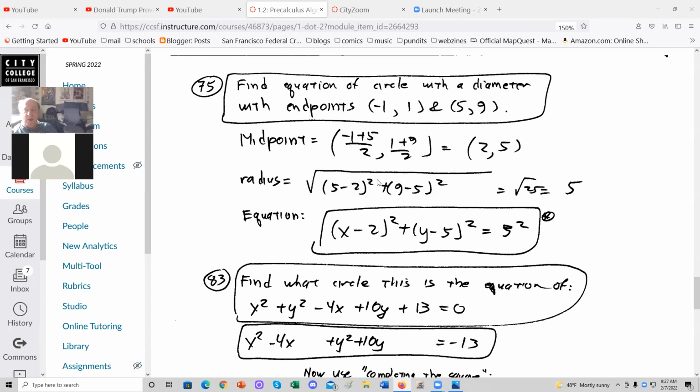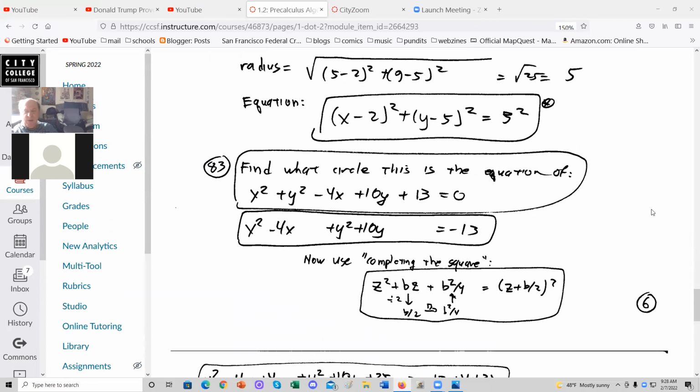So the square root of the sum of squares of 5 minus 2 and 9 minus 5. After a bit of arithmetic, that's root 25 or 5. So the equation is x minus 2 squared plus y minus 5 squared equals 5 squared.